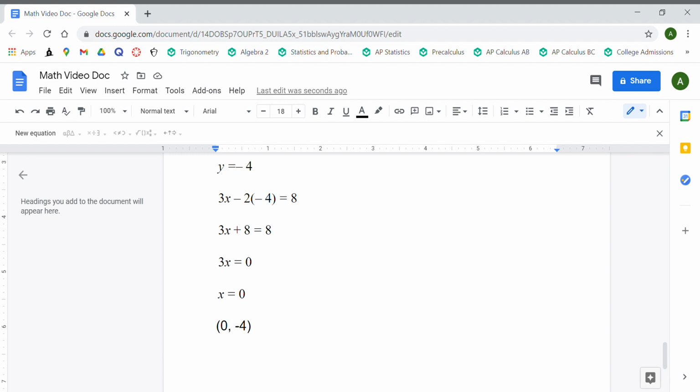Alright, time's up for the lesson. Next time we're going to be taking a look at choosing methods for solving systems of equations, as well as looking at special solutions for our systems. That means that systems can have no solutions or infinitely many solutions.